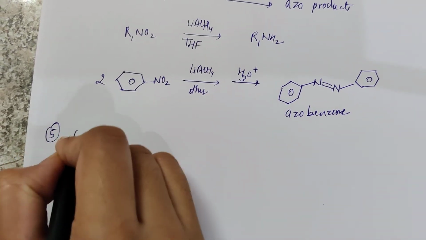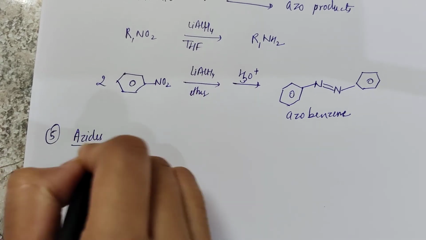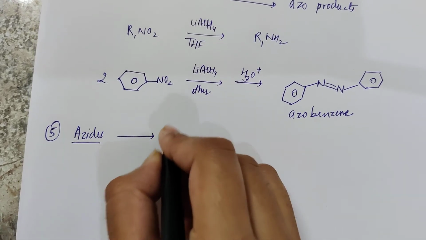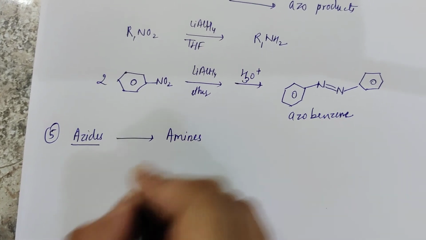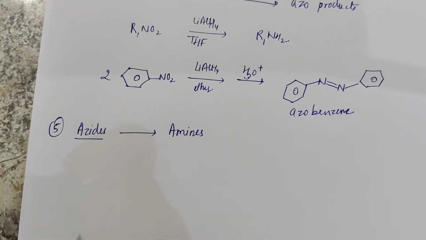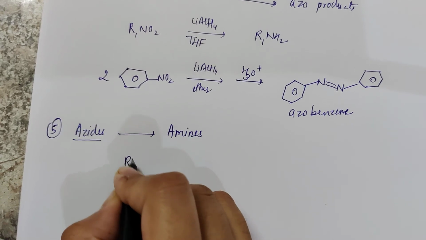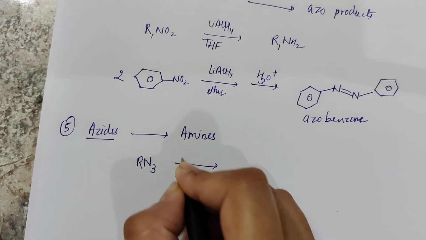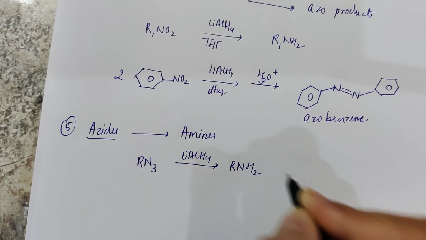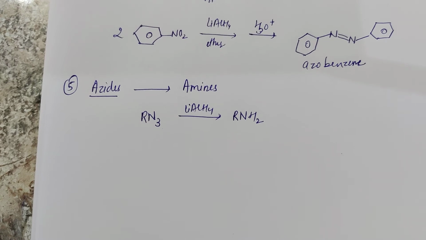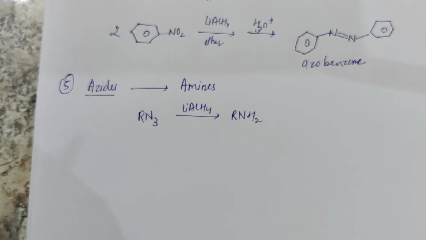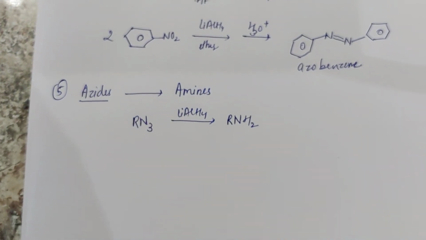If we talk about azides, azides are also reduced by lithium aluminium hydride to give amines. So one was amide which was forming amines and another is azide. So RN3 on reaction with lithium aluminium hydride gives us RNH2. There are various reactions which are carried out by using lithium aluminium hydride.